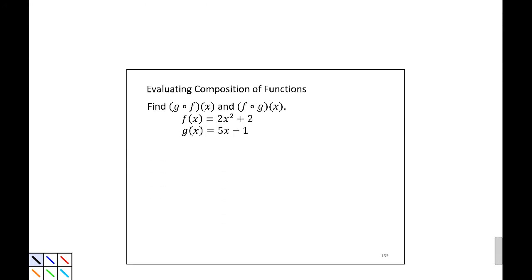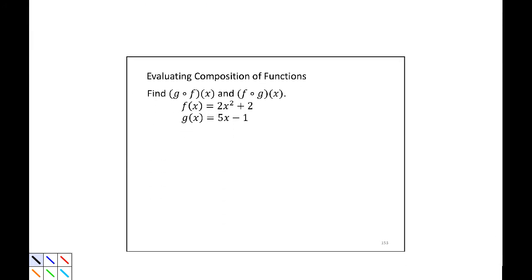Last couple of examples, they don't give us an input value. They ask us to find g of f of x and f of g of x. They don't tell us what x is. So what we're going to do is this. G of f of x means g of f of x. Everywhere I have an input for g of x, I'm going to put in my f of x. So my function g of x is 5 times something minus 1.